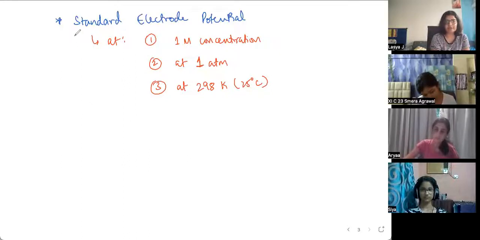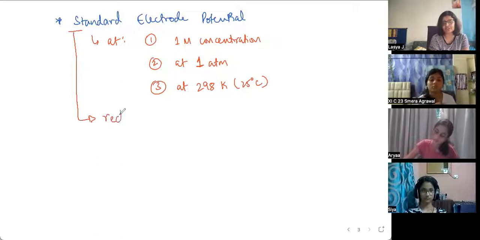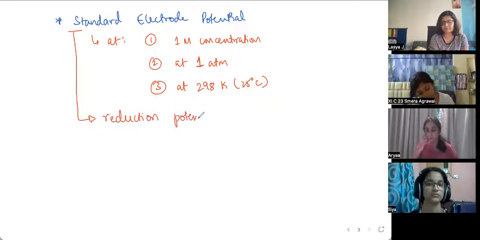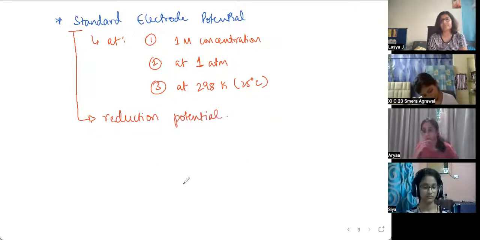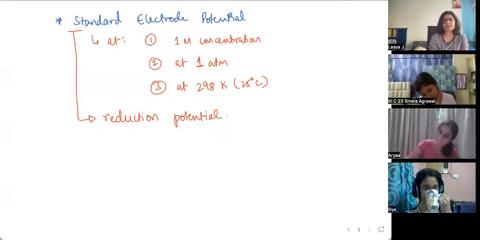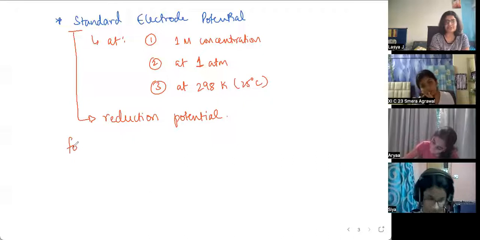Another thing, whenever you're calculating the standard electrode potential, this always refers to the reduction potential. And if you want the oxidation potential at the same conditions, you just reverse the sign.